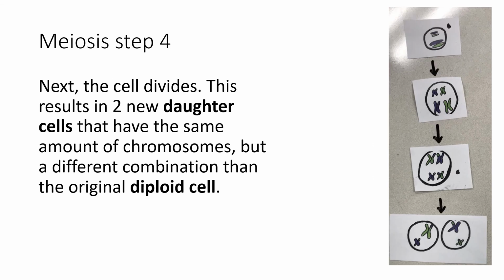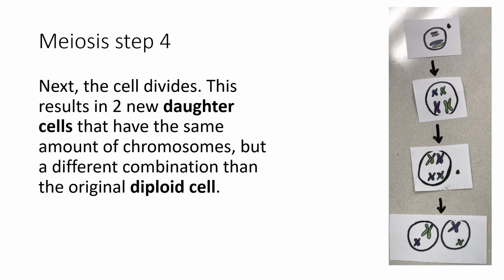So now we're on step 4. This is where we have our first cell division. Now we went from one cell with a total of 8 chromosomes, 2 sister chromatid pairs, and we have split up. Now we have 2 different cells. We can see from these 2 different cells, we have one large chromosome from mom and one small chromosome from dad. And then in the next one, we have one large chromosome from dad and one small chromosome from mom.